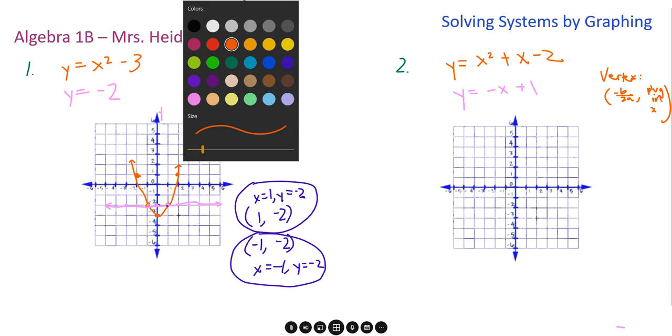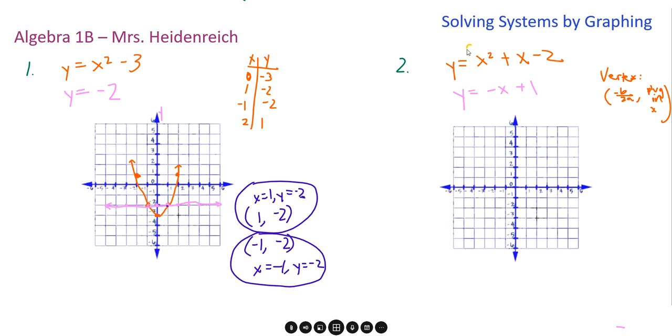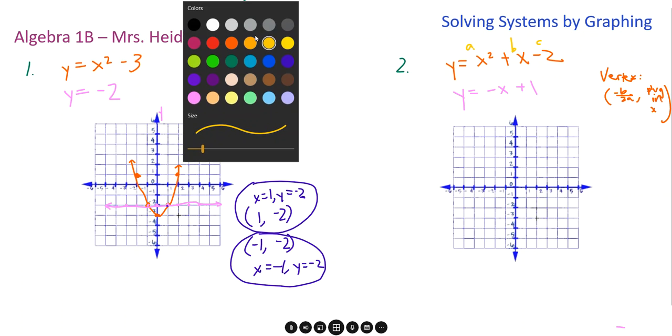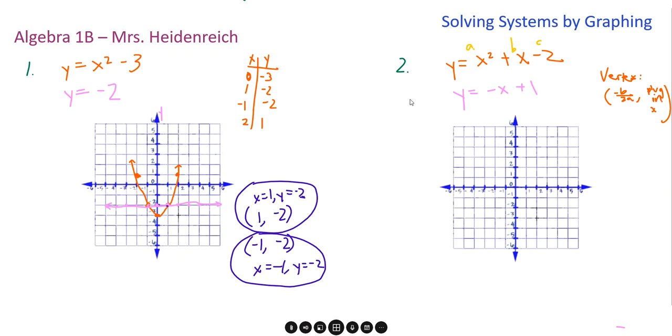Remember that a, b, and c are the coefficients in the standard form of the equation. I'm going to plug in negative b, which is the opposite of b. b is 1, so plug in negative 1. 2 times a, well, a is 1, so it'd be 2 times 1.